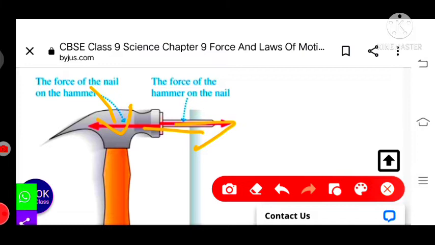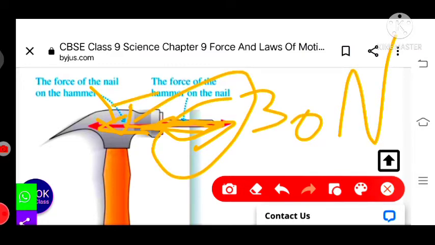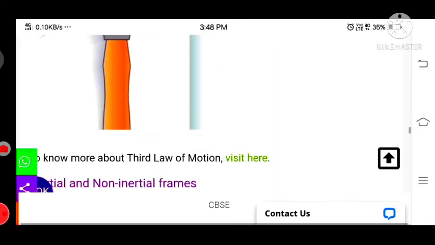If we hit a nail with the hammer, we apply some force on the nail from the hammer, and Newton's third law says that the nail applies an opposite and equal force on the hammer. If we apply a force of 30 Newton on the nail, an equal force of 30 Newton is applied on the hammer by the nail.